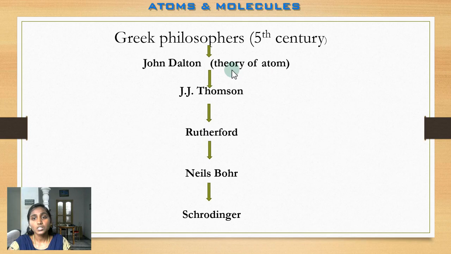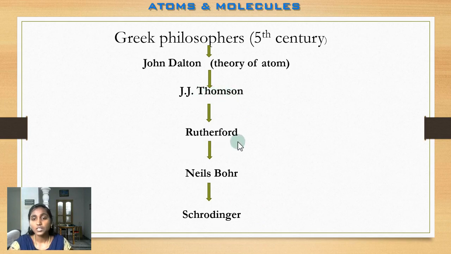Now this theory has some limitations. It has some incorrect statements. So some other scientists reanalyzed this theory and gave the correct points. They corrected that theory. Who are the scientists?